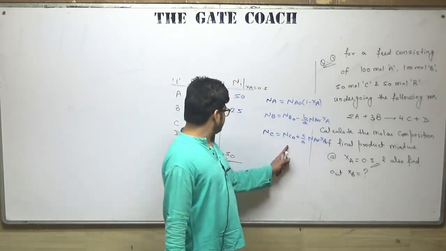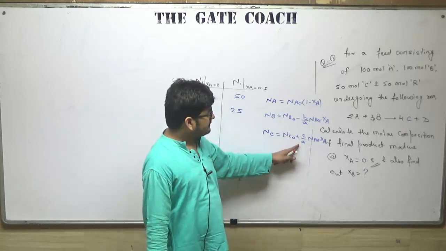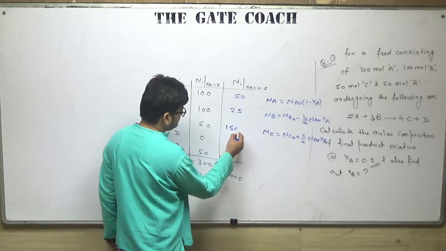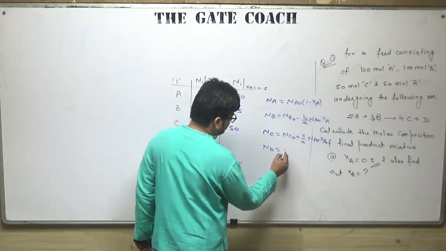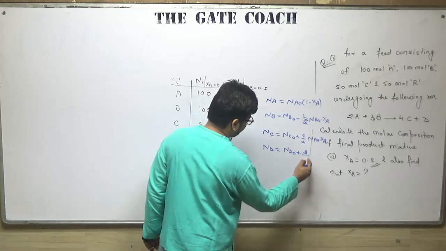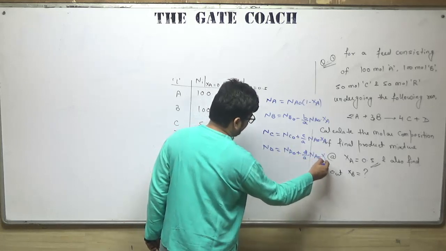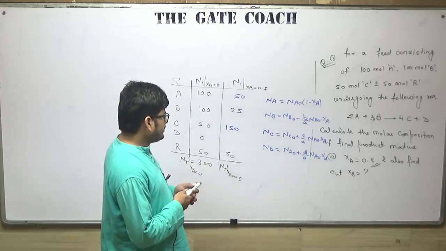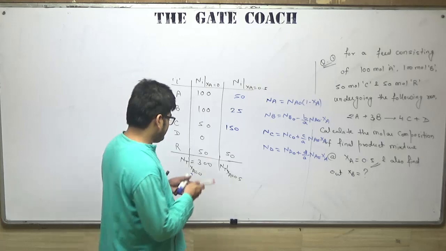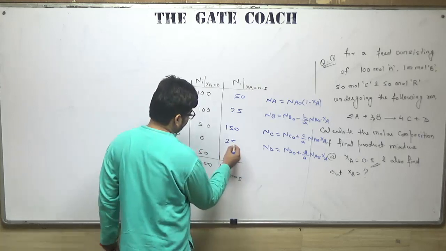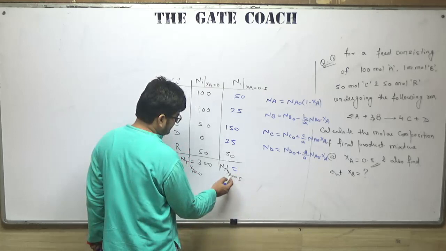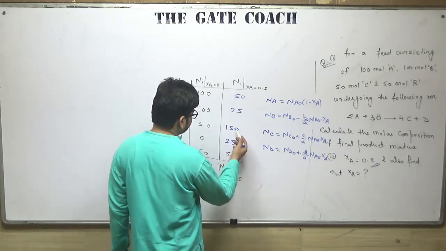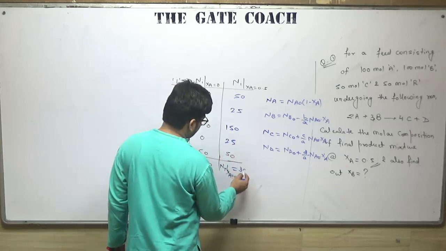That is 50 plus C by A, that is 4 by 2, 2 into 50, 100, plus 50, 150. Then ND is ND naught plus D by A times NA naught into XA. D by A is 1 by 2, 1 by 2 into 100, 50, 50 into 0.5, 25. So ND will be equal to 25. So total moles at XA equal to 0.5 will be 50, 200, 300.